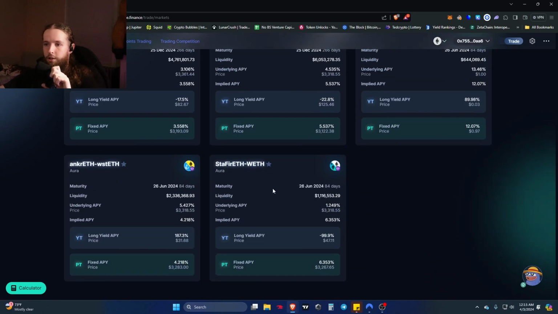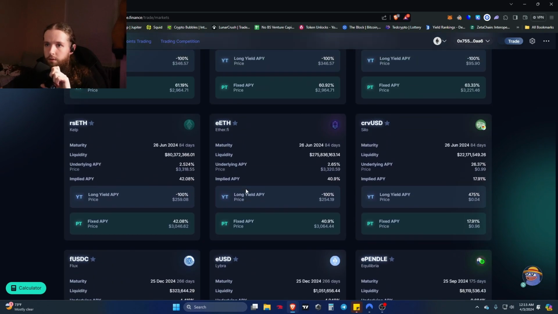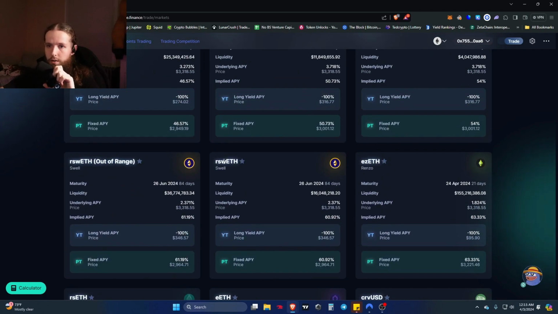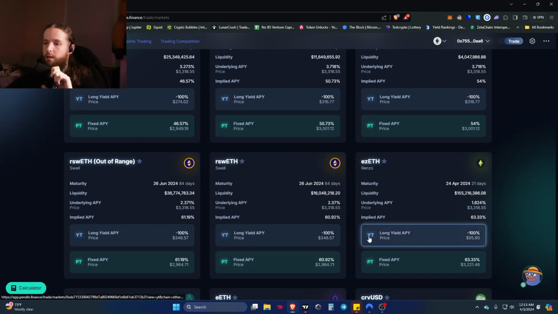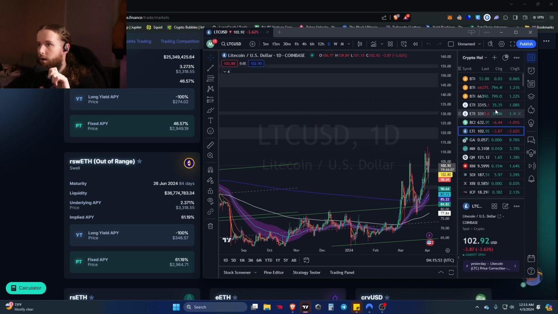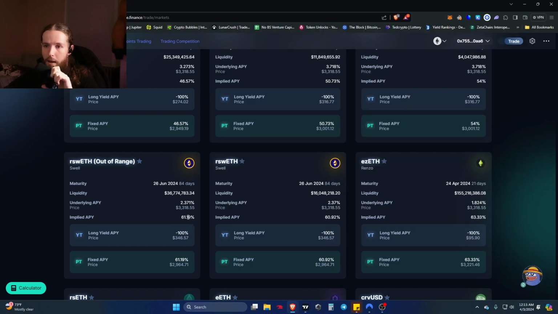The only advantage that I can see is, for example, you could buy 1 RSW ETH right now for $2,964 when the price of ETH is $3,300 or whatever it is at the moment here. So $3,300. So basically you're getting a massive return because you only have to wait 84 days for it to mature.